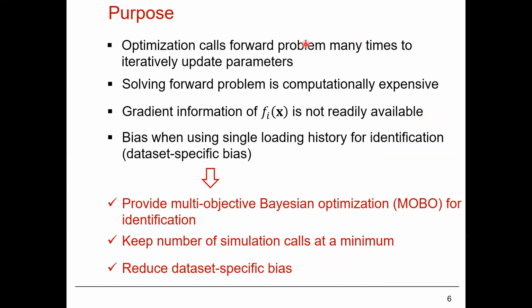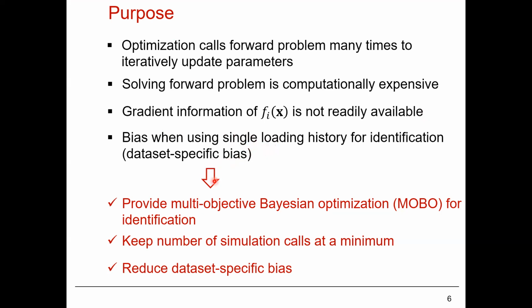Solving the mentioned inverse problem requires calling the forward problem many times to update the parameters. However, solving the forward problem in this case is computationally expensive, and also the gradient information of our error functions is difficult to obtain numerically. And there is also the problem of the bias when we use a single loading history for identification.